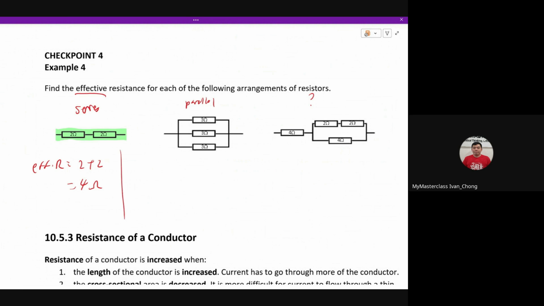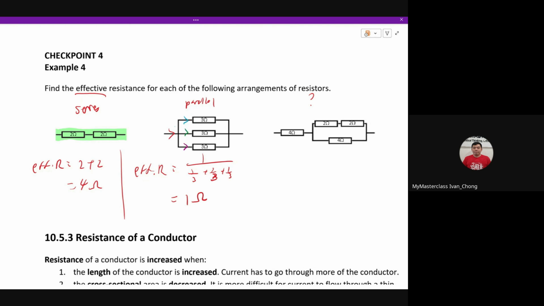Then for a parallel, we need to use the formula, 1/3, 1/3, 1/3. So you end up with 1 ohm over here. Because my current will split into path 1, path 2, and path 3.